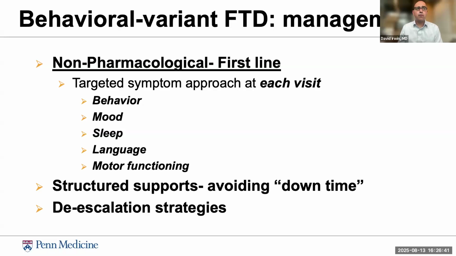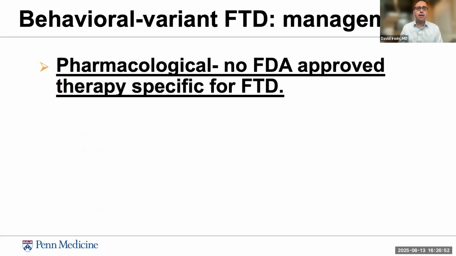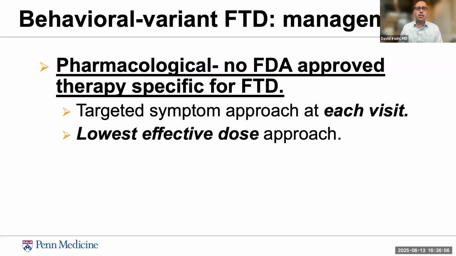Also, going over de-escalation strategies and how to redirect behaviors with caregivers and family members is another important first-line management. We lack FDA-approved therapies, but using a targeted approach for symptomatic therapies for mood and behavior, a lowest effective dose approach can be effective.